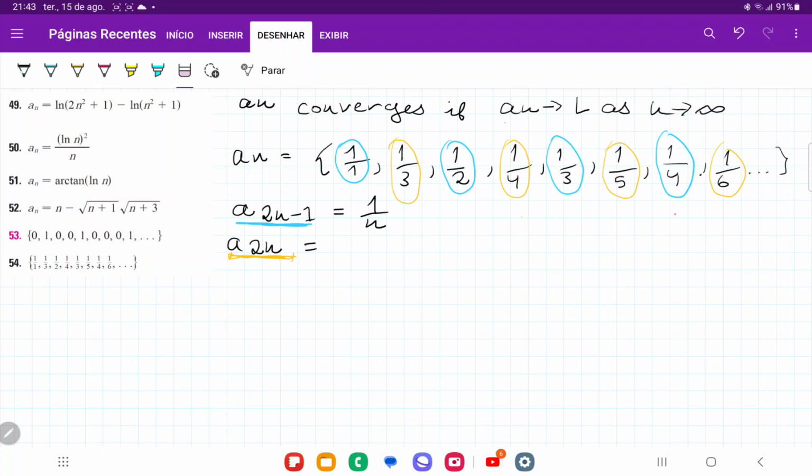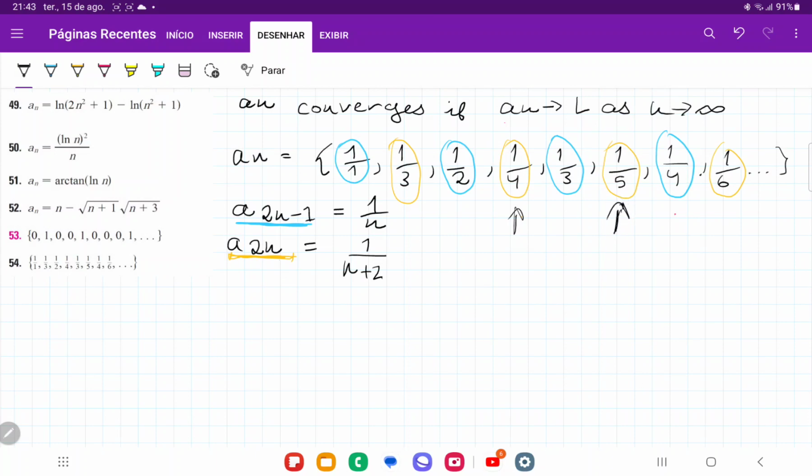And what about our evens? Our evens also increase. If we begin at n equal to 1, it gives me a sub 2, because 1 times 2 is a sub 2, and a sub 2 is 1 over 3. So it's just 1 over n plus 2, right? If I'm at the second index here, it's 2 plus 2, which is 4.